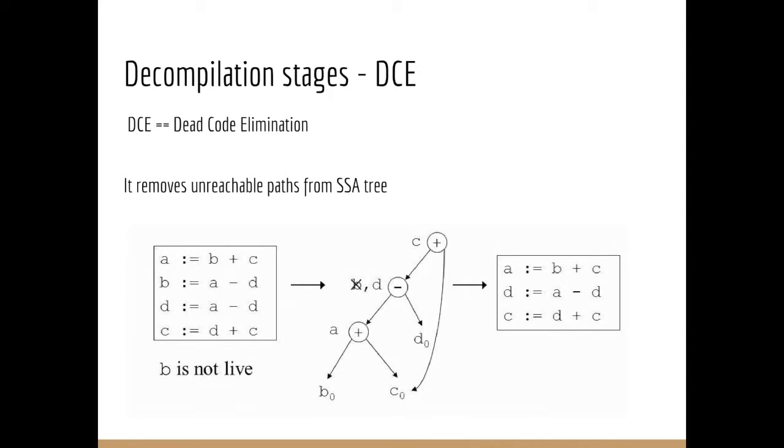And here we can see that b is not used in these equations. It doesn't affect any result. So we can simply remove that node and shorten the list of equations, which becomes just a equals b plus c, d equals a minus d, and c equals b plus c.